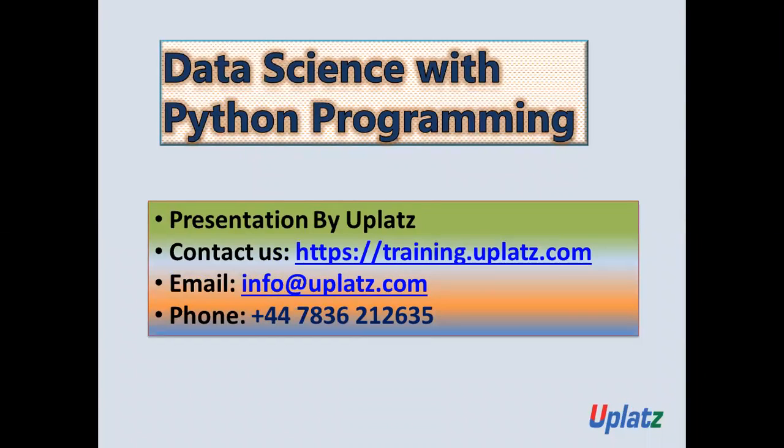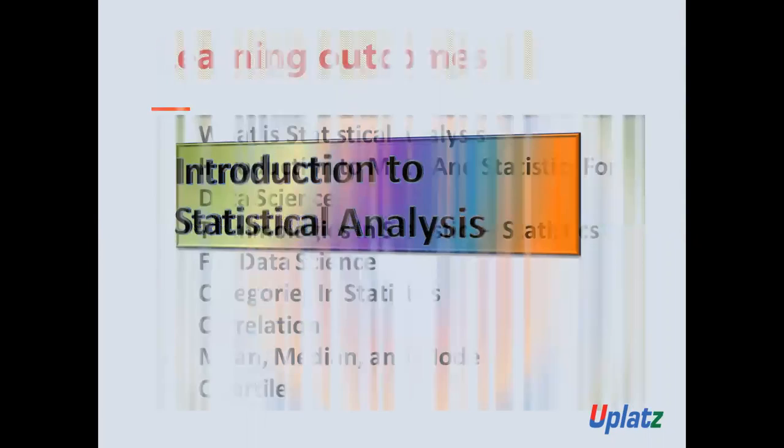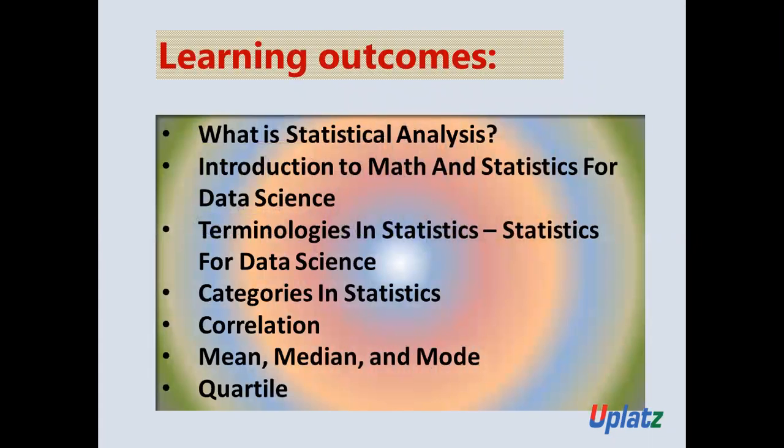Now it's time for us to proceed with the next point, which is also very important for data science: introduction to statistical analysis. Let me show you what you are going to learn in this session. First of all, you will learn what statistical analysis is. After that, an introduction to maths and statistics for data science.